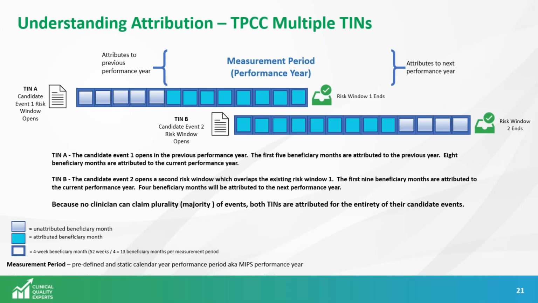So a new candidate is billed under a new TIN and the risk window opens. That is overlapping the first window by 4 months. In this example, TIN A and TIN B have an equal number of candidate events in the performance year, and so neither one of them can claim any plurality, meaning the majority, and so they will both get attributed. Next slide.